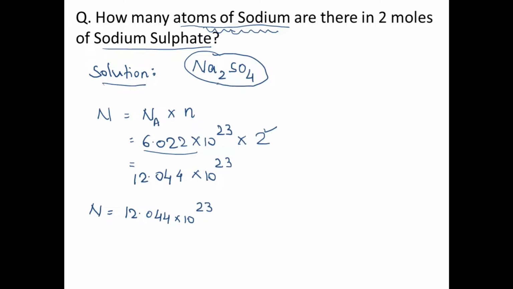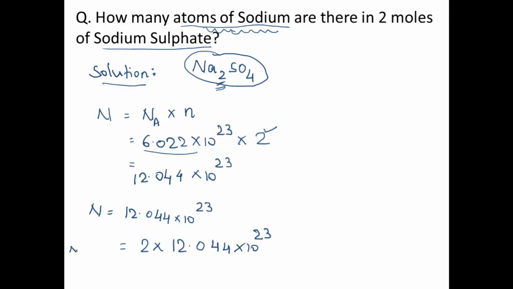In sodium sulphate, can you see this number 2? This means there are 2 atoms of sodium. So we need to calculate the number of atoms of sodium by multiplying 2 with 12.044 times 10 raised to the power 23.